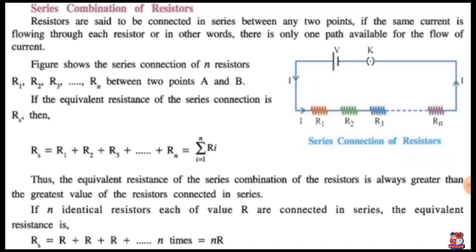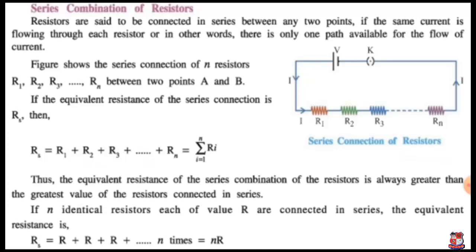The effect of resistance you will observe only on the potential difference and not on your electric current. Now, suppose we have a condition in which all these resistance values are identical, meaning all the resistances are of equal values. If n identical resistors, each of value R, are connected in series, then the value of Rs will be R plus R plus R and so on, n times.